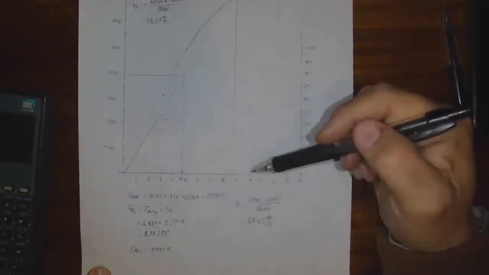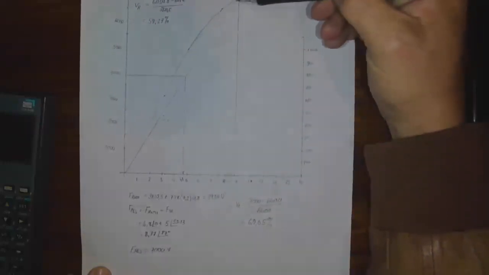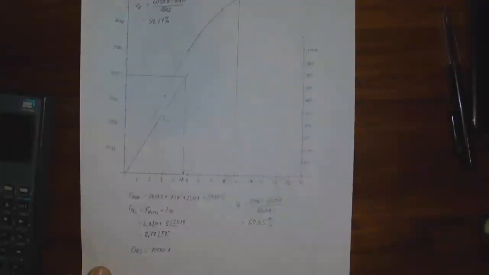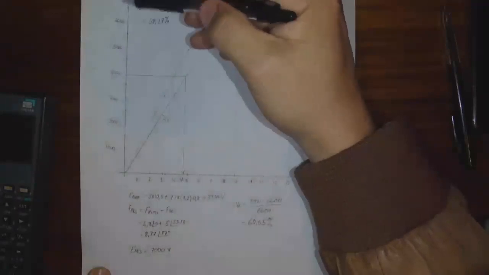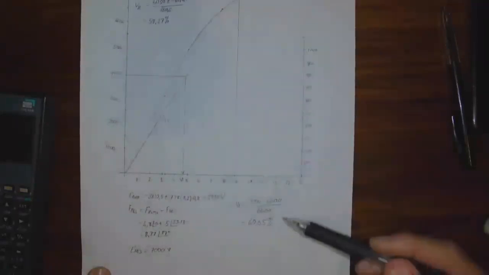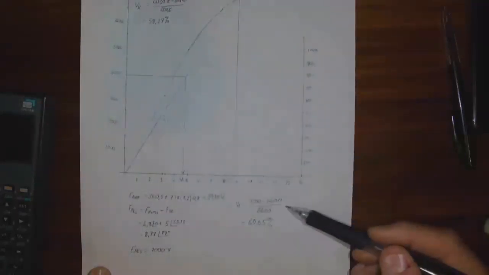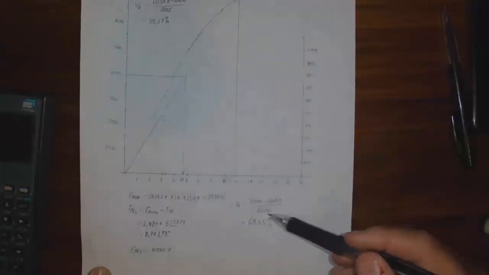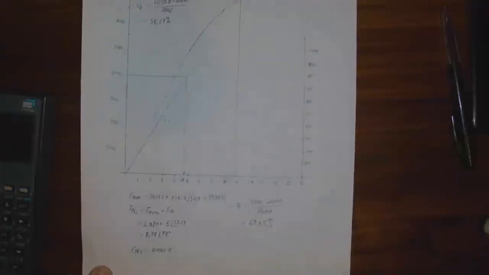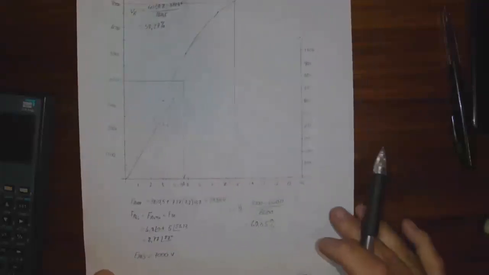Then you go to 877 and you go up and you find that the voltage is 7,000 volts. Now remember, if this is line values, then you can use line values. Then you can say 7,000 minus 6,600 divided by 6,600. That gives you 60%.